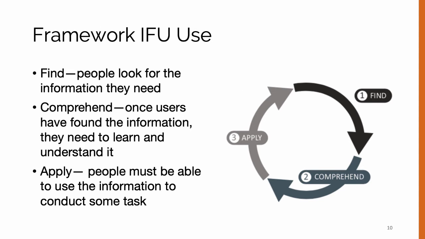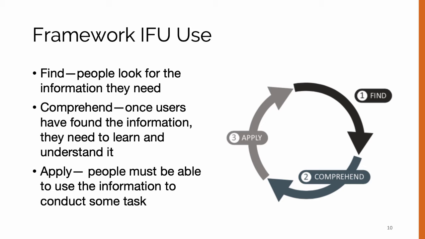use. So we've developed a framework for instructions for use, and you can really think about what people's tasks are when they're using instructions as involving three components. They start with finding the information that they're looking for. They often have a big document to search just to understand or to find the information that they're seeking. The second part is once they've found that information, they need to understand it.